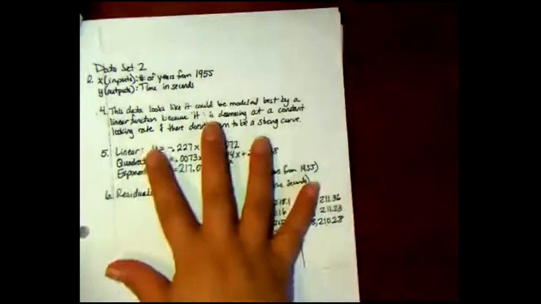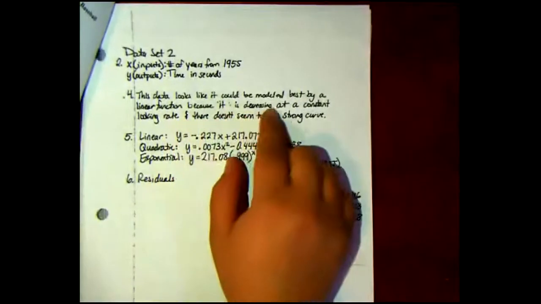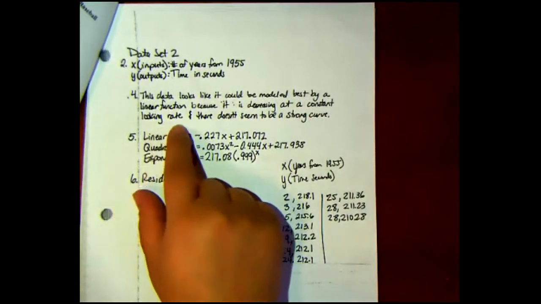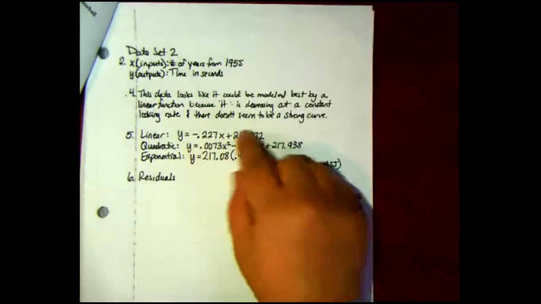So you'll make your prediction as to which function you feel like would fit this the best and why. So complete sentences, guys. So this data looks like it could be modeled by a linear function because it is decreasing at a constant looking rate. It looks like it's decreasing at a constant rate, and there doesn't seem to be a strong curve. Okay, so that's my prediction.